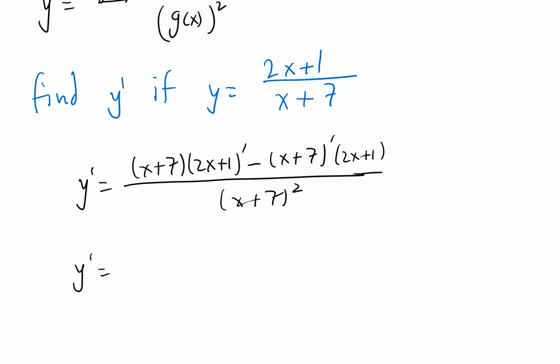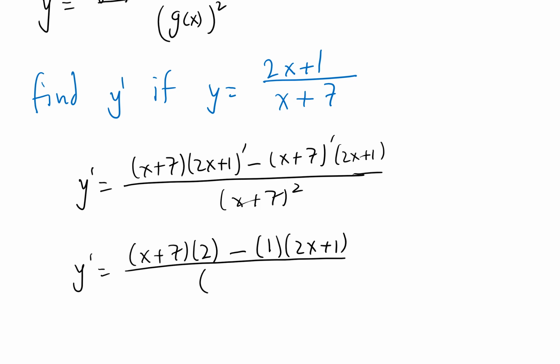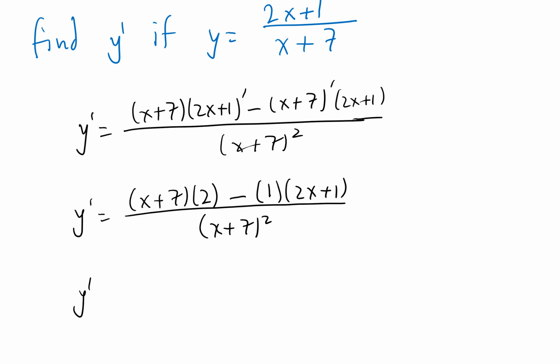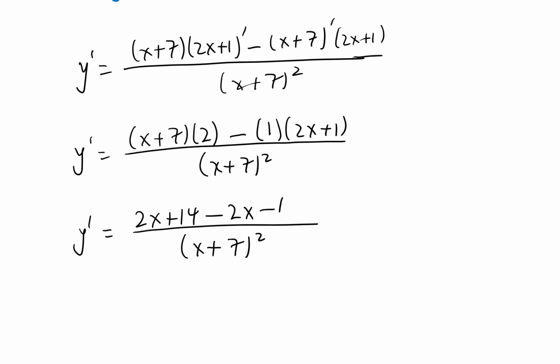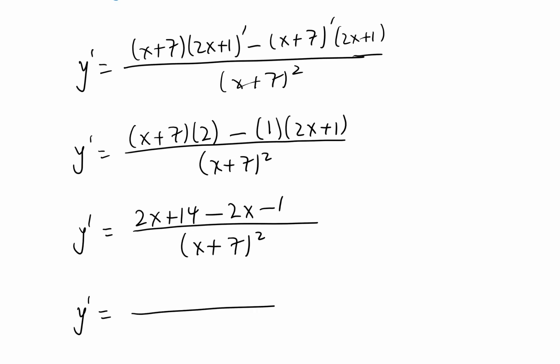So y prime equals (x plus 7) times the derivative of this, which is 2, minus the derivative of x plus 7, which is 1 plus 0, 1, and keep this the same, over (x plus 7) squared. And what does that give us? y prime equals 2x plus 14 minus 2x minus 1, and the denominator never gets expanded, just keep it as is. Then as a next step, the 2x cancel, we get 13 over (x plus 7) squared, and that would be the answer.